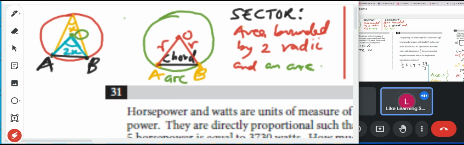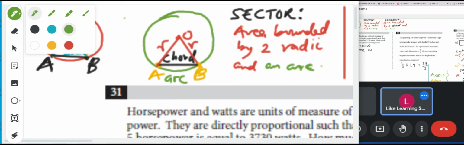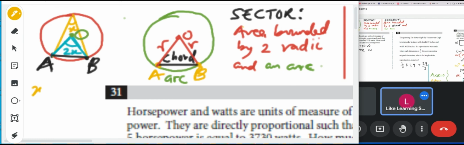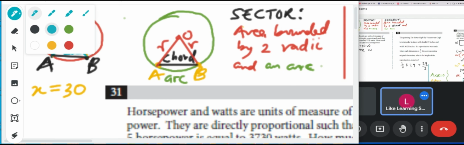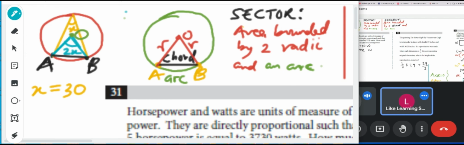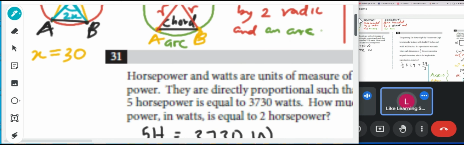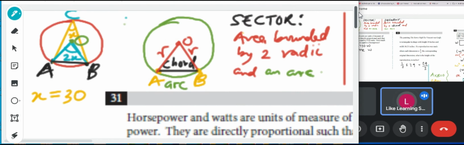Does it ring a bell in your head? I think you should remember something like this. Sort of, yes. So if the one at the circumference, this yellow x, is 30 for instance, the one at the center must be what? Let me call here C. How do we name angle at C?